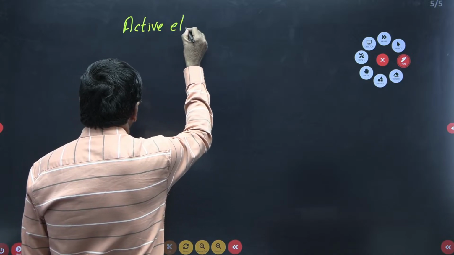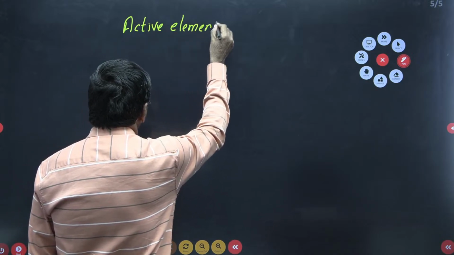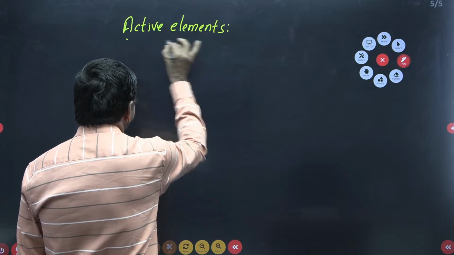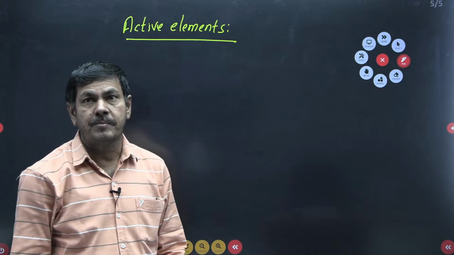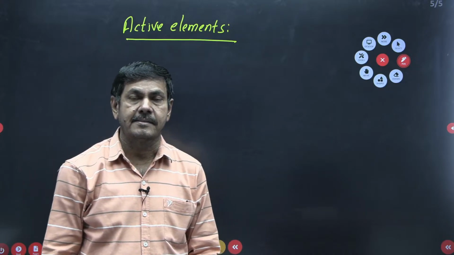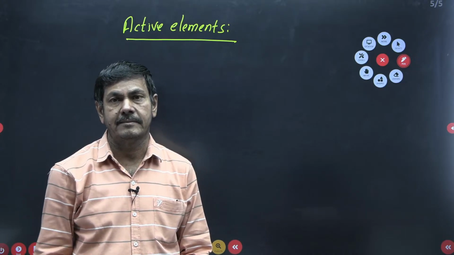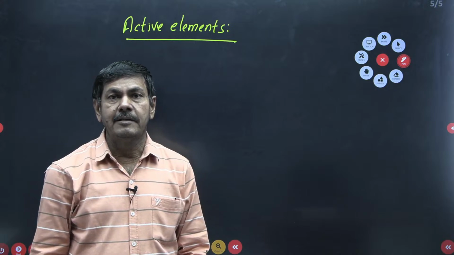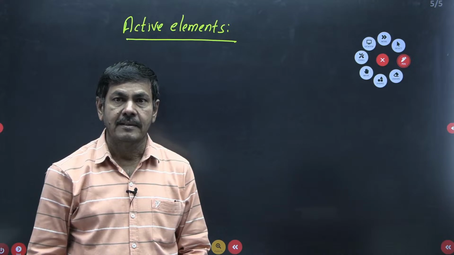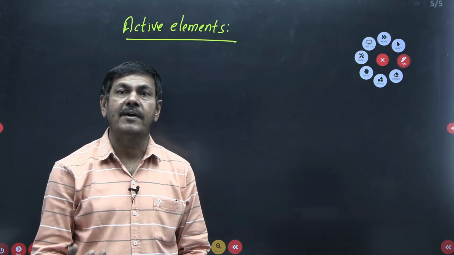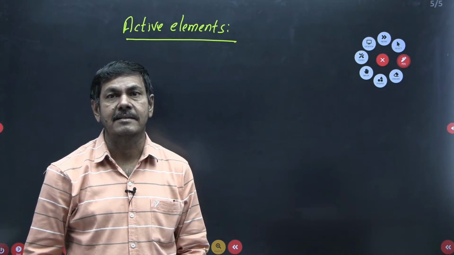Active elements I want to explain. What those elements are said to be active elements and how can we define them? The element which can transfer energy or the element which can amplify the signal is called an active element.